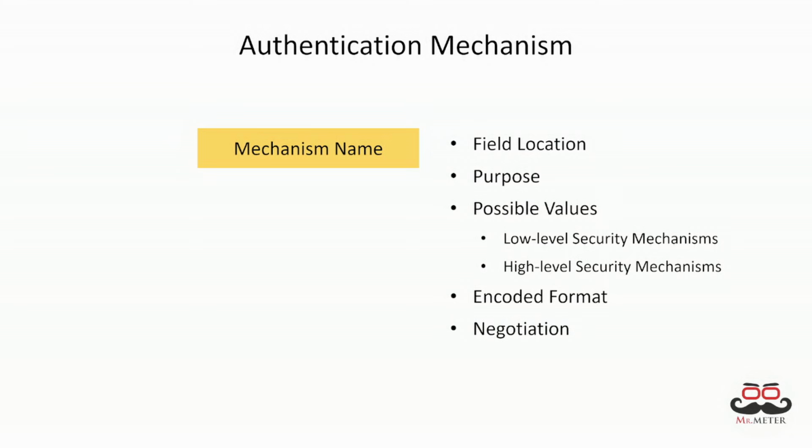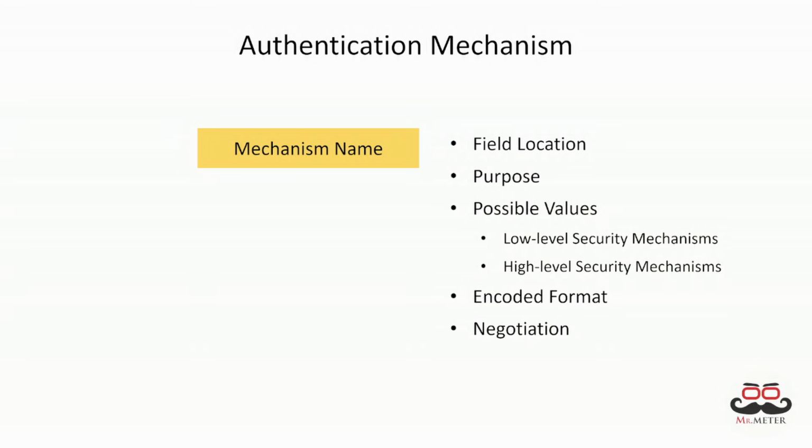In the negotiation part, during the association establishment, the client, which is initiating the AARQ, specifies the preferred mechanism name it supports. The server responding with the AARE then selects a compatible mechanism based on its capabilities and the security requirements configured for the application.